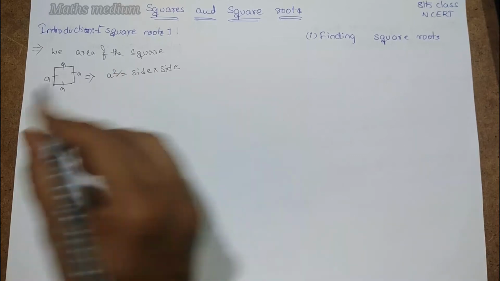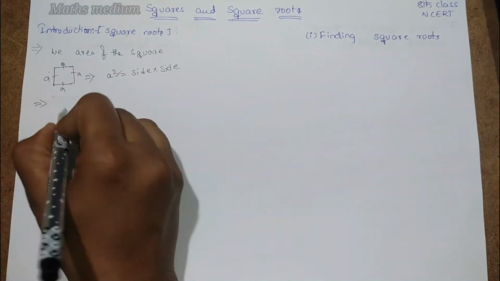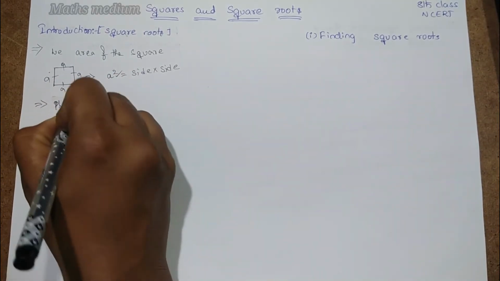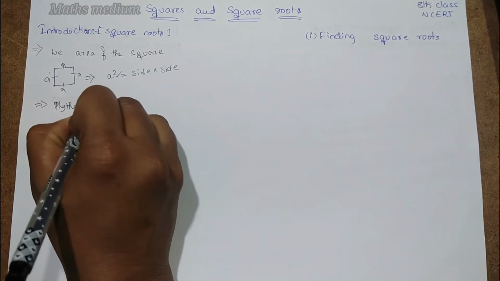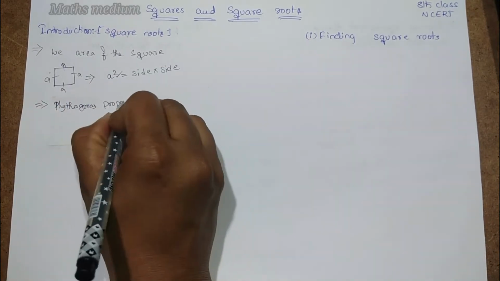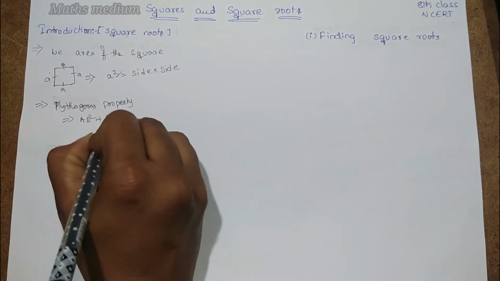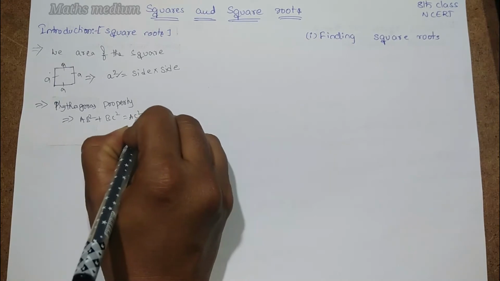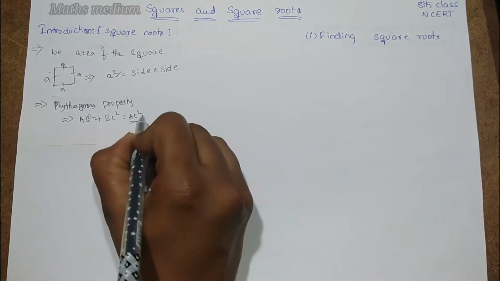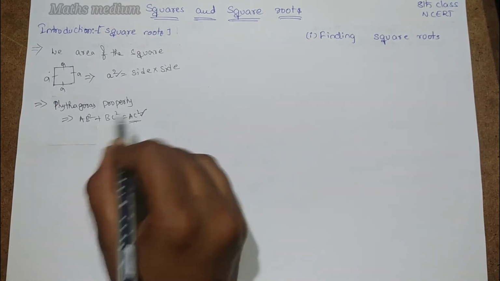Here we have a square. If we take the Pythagoras property, we are familiar with it. We know that AB square plus BC square is equal to AC square. Here we have to find in terms of square also.